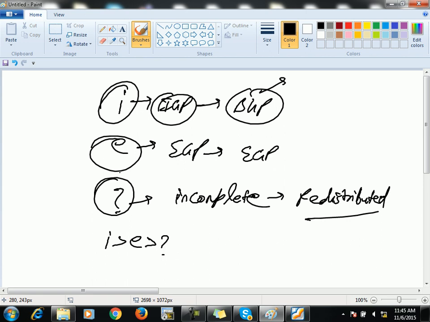Let's say prefixes are coming from both neighbors with the same origin code, whether it is I, E, or question mark. Then based on origin code, it won't be possible for the router to select its best path.